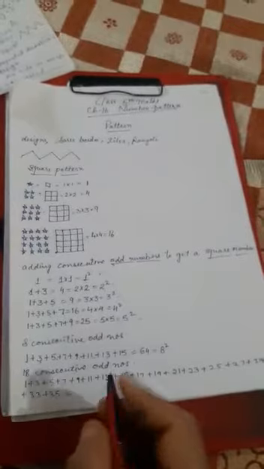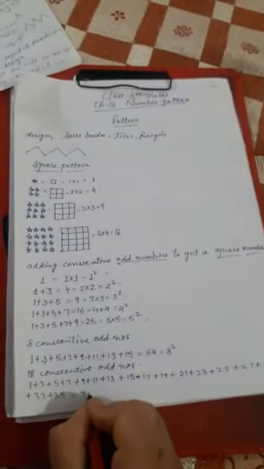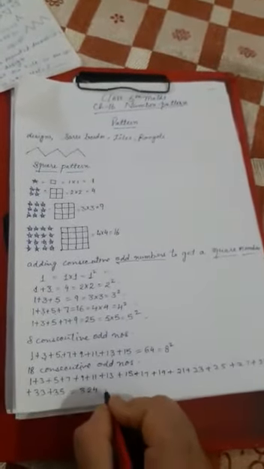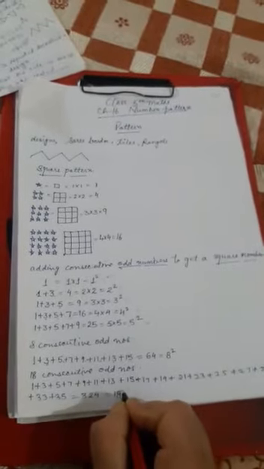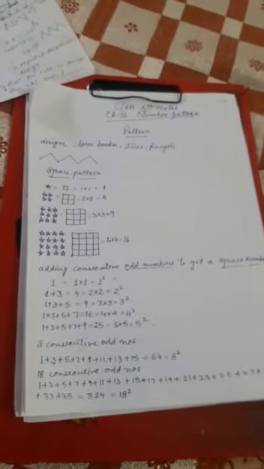Now the total of all these numbers is equal to 324, which is equal to 18 square.